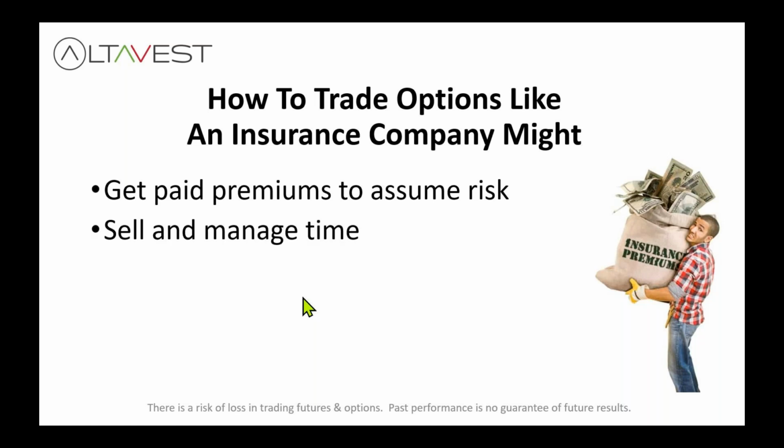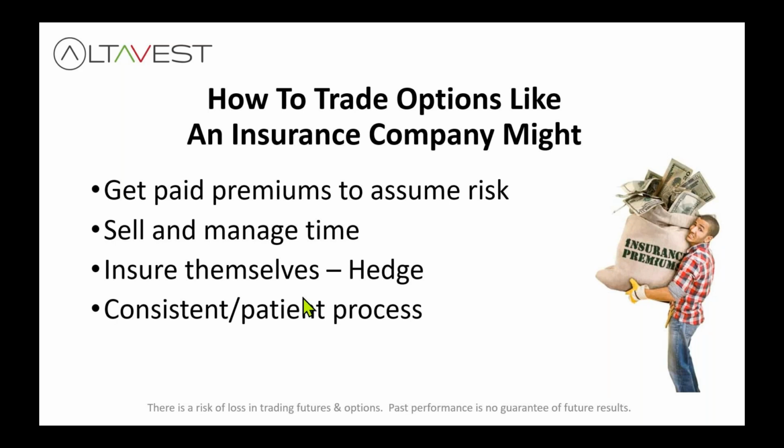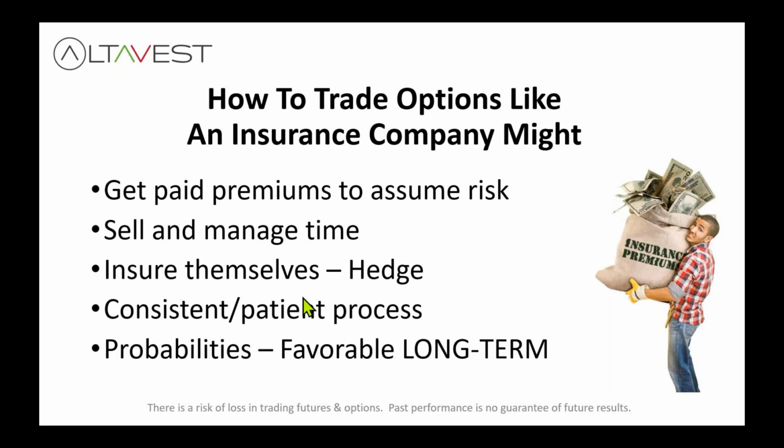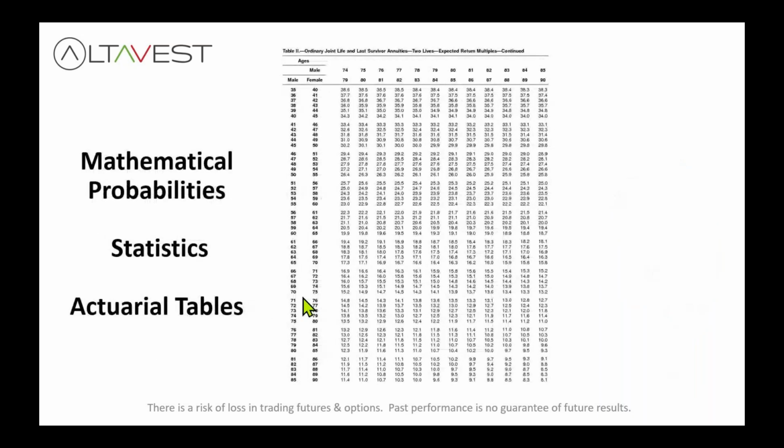We can sell and manage time, ensure ourselves by hedging, need to be consistent and patient along the way in this process, and look at probabilities that are favorable in the long run. So we're going to look at essentially the same math and statistics that insurance companies might use when they're collecting premiums.